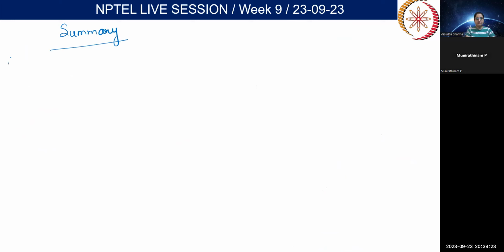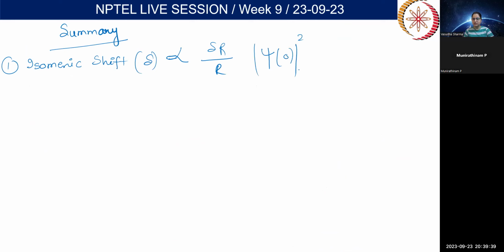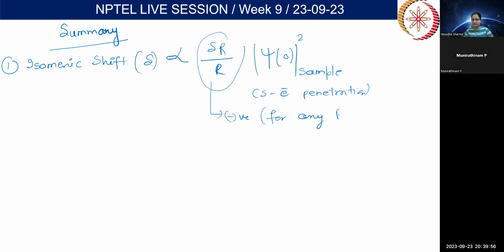Today we talked about the isomer shift, and we understood that the delta value is mainly proportional to the s electron density penetration and the delta R value, since there are some constants also. We found that delta R is always negative for any iron sample, so keep this in mind. Therefore, the delta value would be relatively negative.